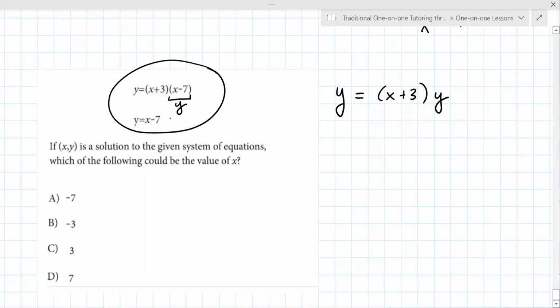sometimes you just do the thing that they give. You divide both sides by y, and that gives you 1 equals x plus 3. If you subtract 3 from both sides, you get x equals -2. And you're like, well, wait, why didn't that work? Because you're not supposed to actually do it this way.